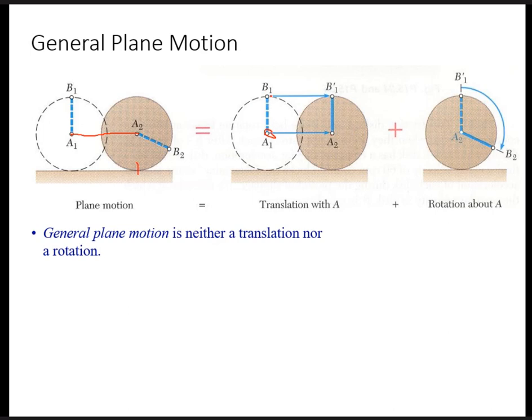This is how you draw the vectors: this is your VA vector, this is your VB vector, and here you join it, the relative velocity of B with respect to A. Now this VB/A is omega k cross position vector of B with respect to A, and basically its magnitude is r into omega.